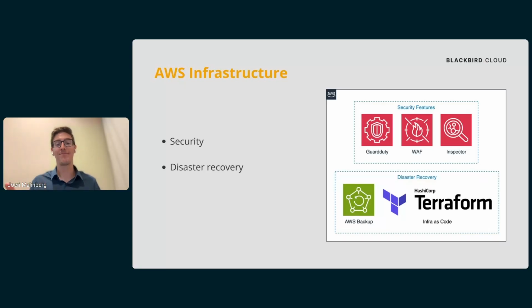Oh, I forgot the disaster recovery bit. So say a real disaster strikes. We use AWS Backup to make backups of the persistent data that we use. That would be the S3 object storage and the Postgres database. You can configure it to make continuous backups or make hourly snapshots or nightly backups.